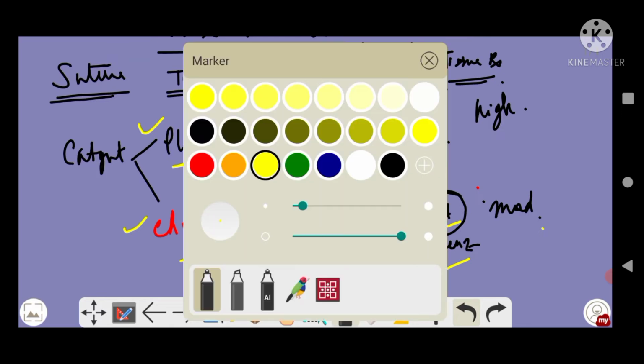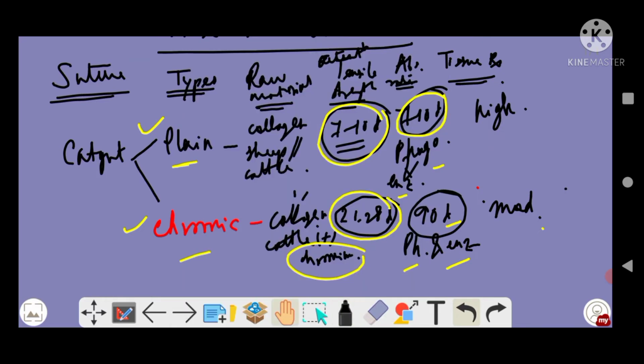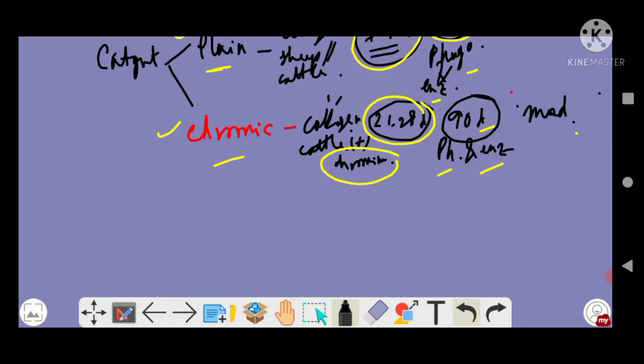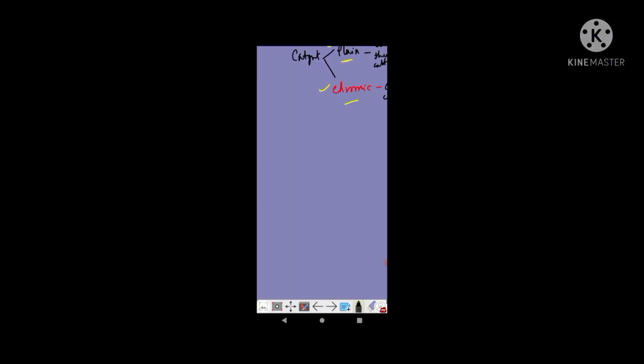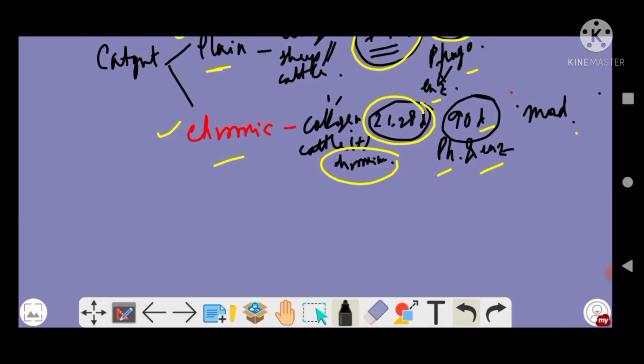Now let's move forward. Okay, so now it will be polyglactin.